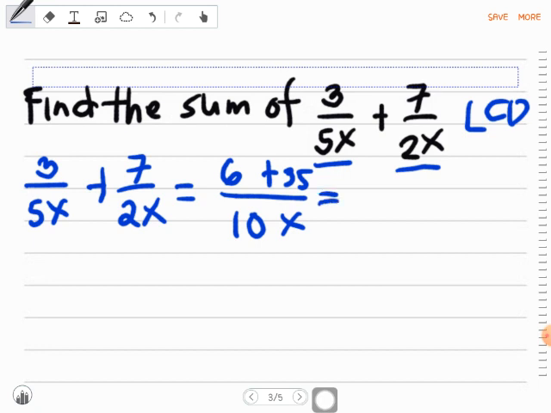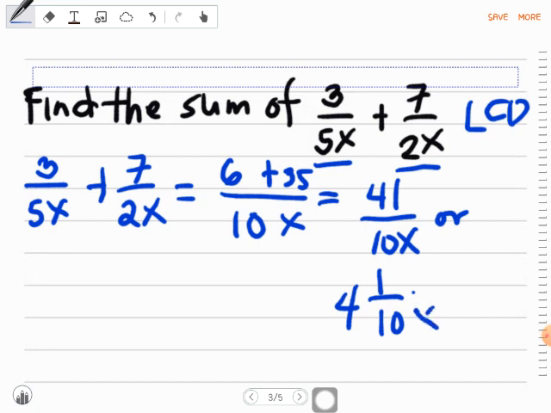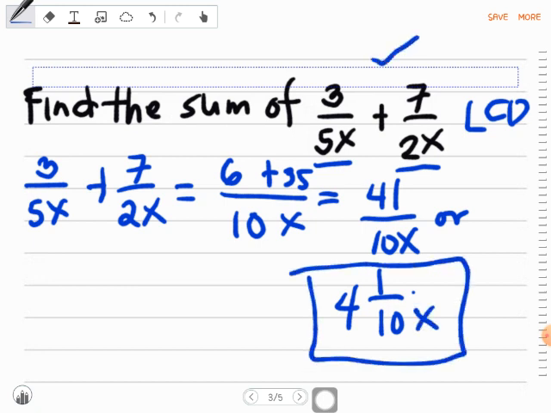So, hindi na natin kailangan isulat yun. 6 plus 35 is 41 over 10x. Or, since improper siya, gagawin natin siyang mixed number. So, magiging 4 1 over 10x. So, ito na yung final answer natin for this particular example.